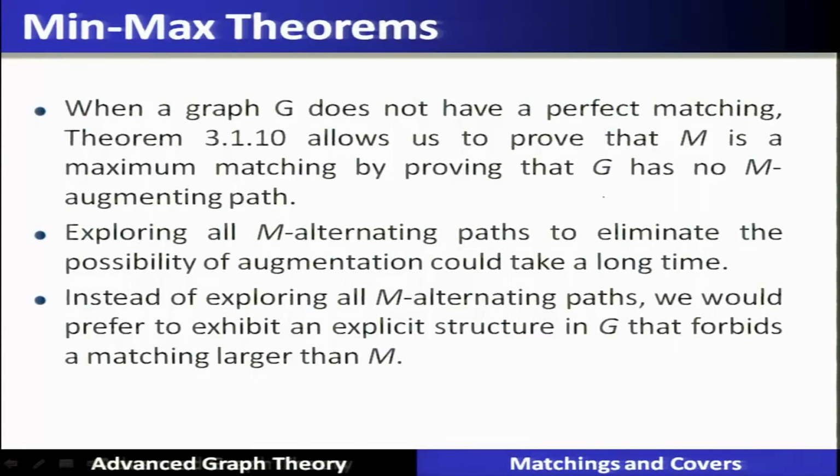Now, we have to go ahead and see another important thing. When a graph G does not have a perfect matching, theorem 3.1.10 allows us to prove that M is a maximum matching by proving that G has no M-augmenting path. All these things we have already explained.